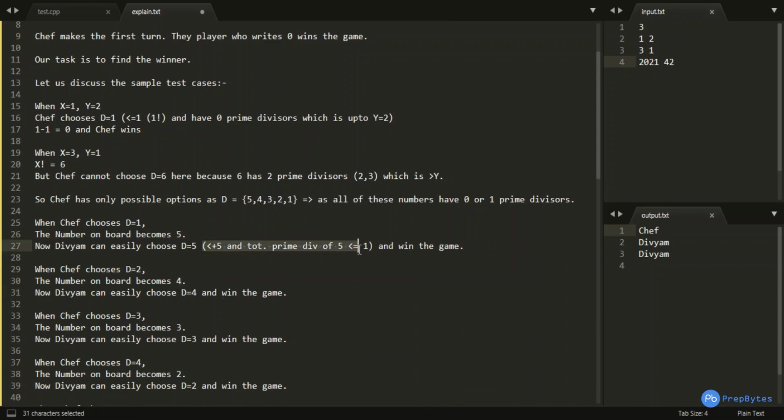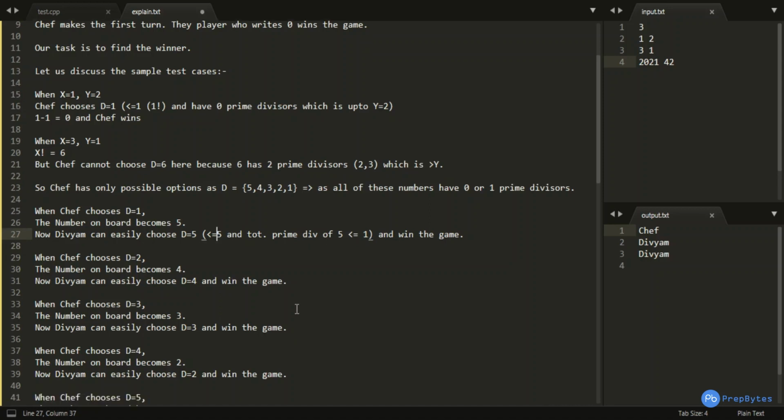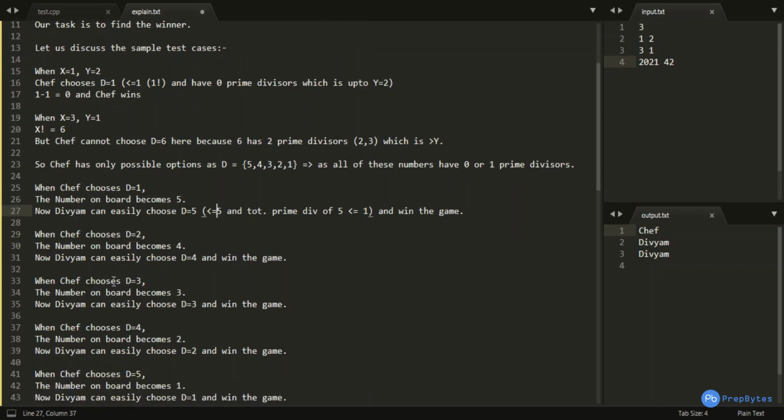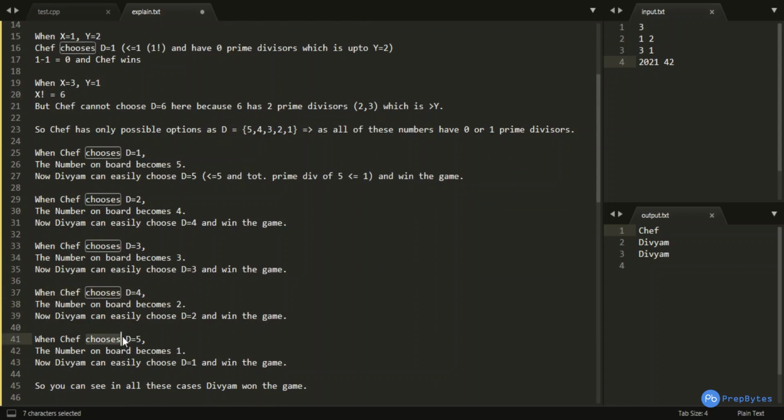Similar scenario in this case also, right? Because 4 is also less than or equal to the number on the board, and the total number of prime divisors of 4 is less than or equal to 1. So Divyam wins the game. He will also win the game for other scenarios when the chef initially chooses d equal to 3, 4, or 5.